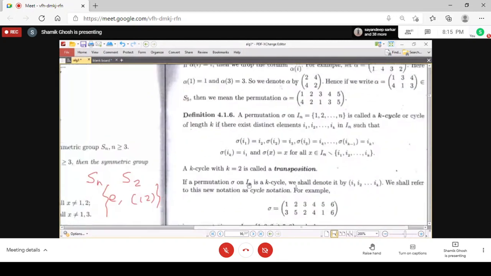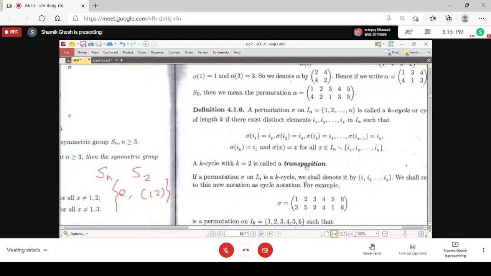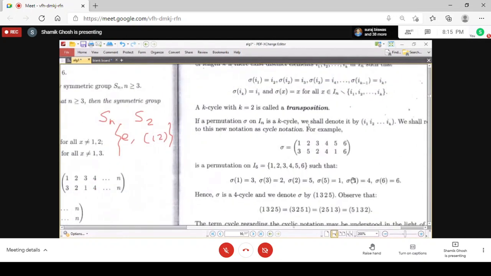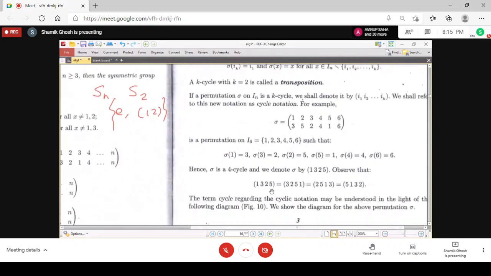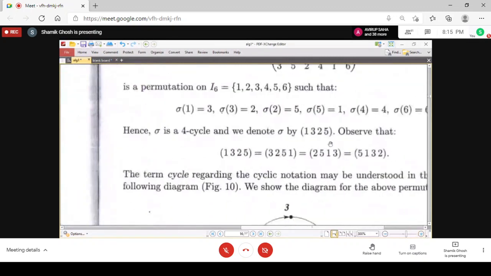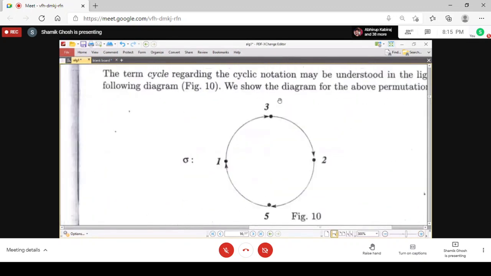Okay, the next result is about transpositions, that you can express a permutation in terms of transpositions. And here it is shown how, in the cyclic way, you can express the same permutation in cyclic order. And this is a diagrammatic representation of this.